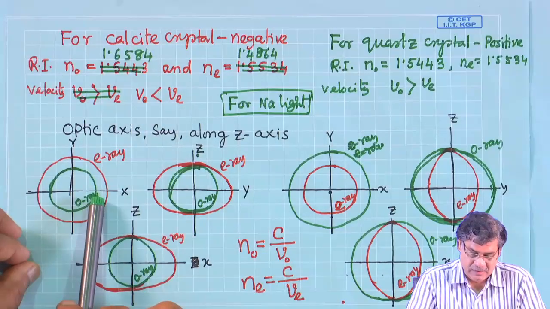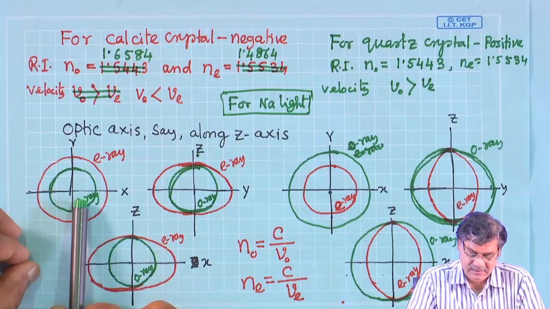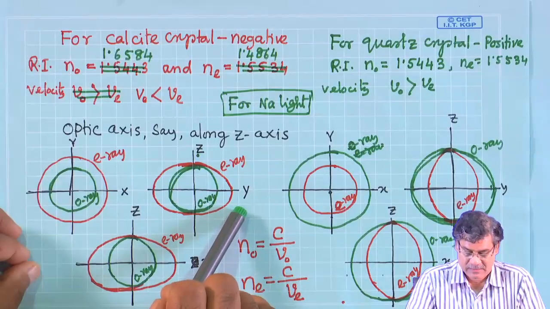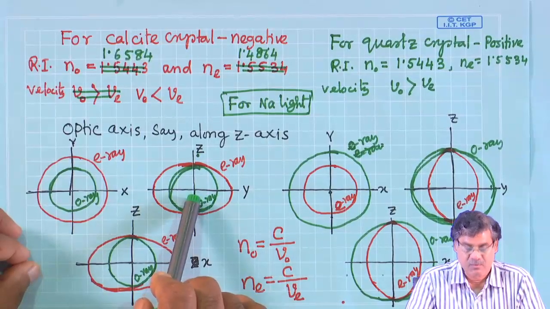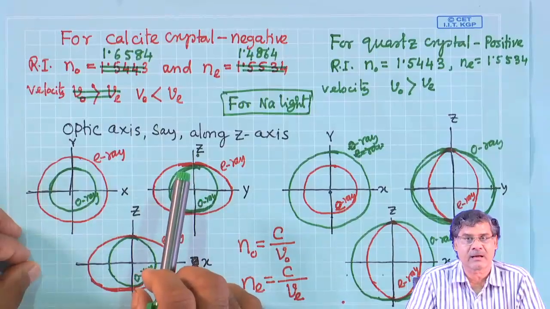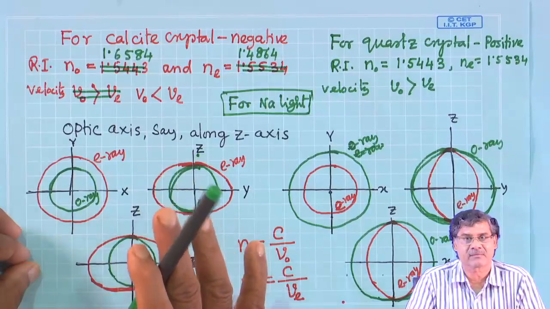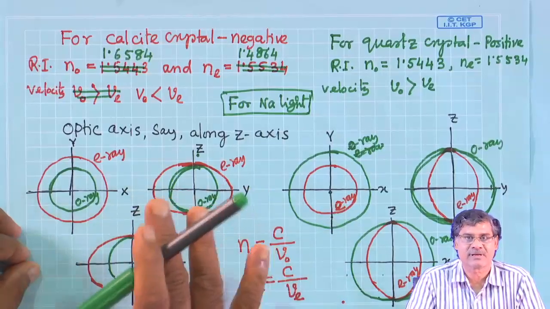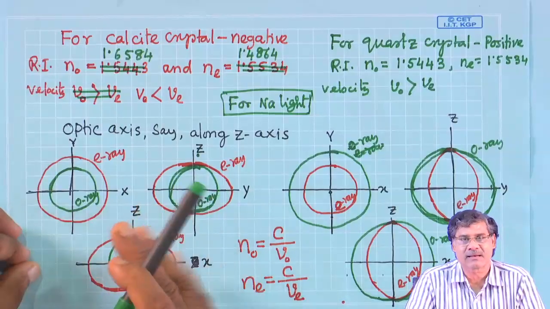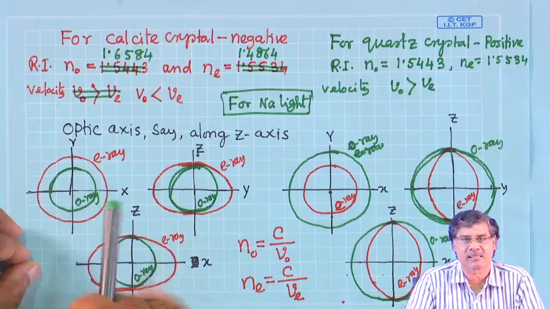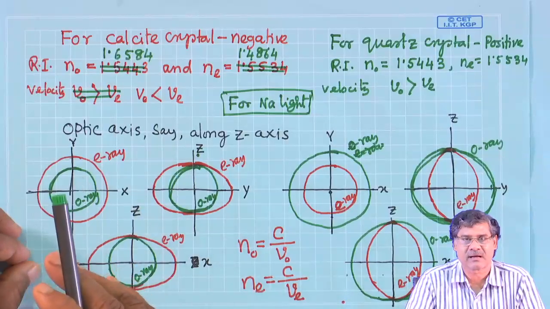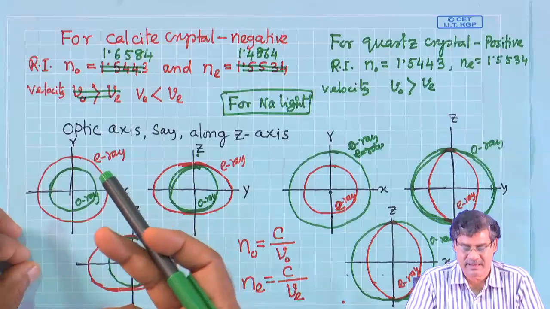So, if you consider the z axis and y axis, in this case for O ray again we know the refractive index or velocity are the same in all directions, right, x, y, z directions. So, it is basically spherical, we showed this velocity spherical, right.